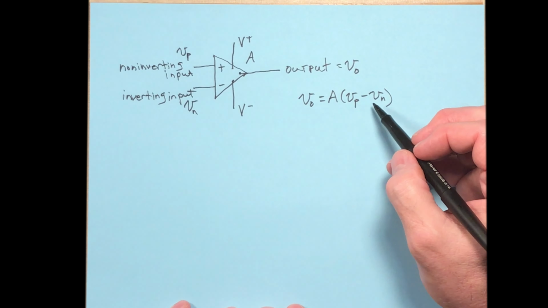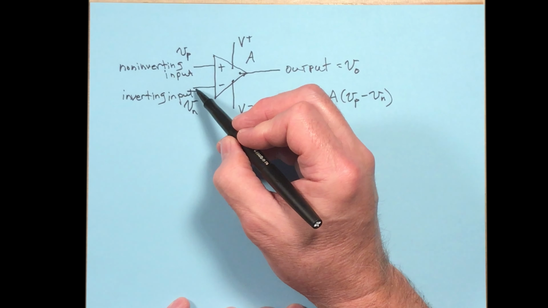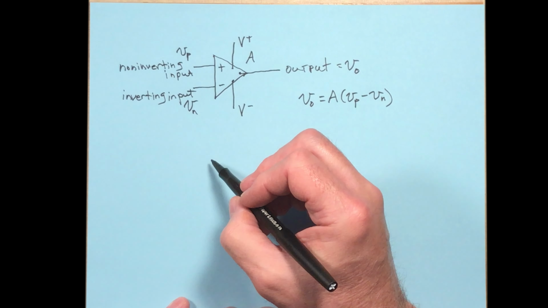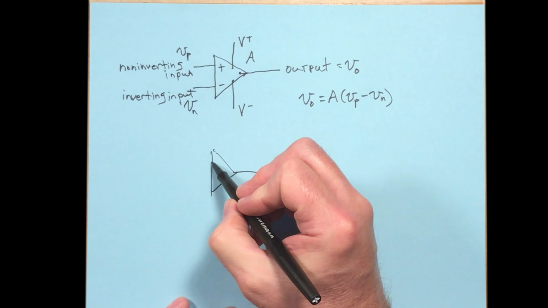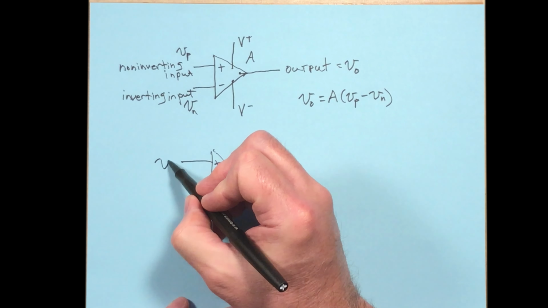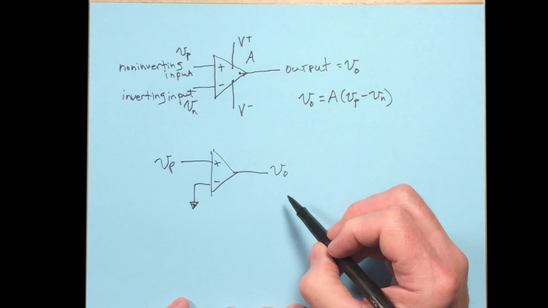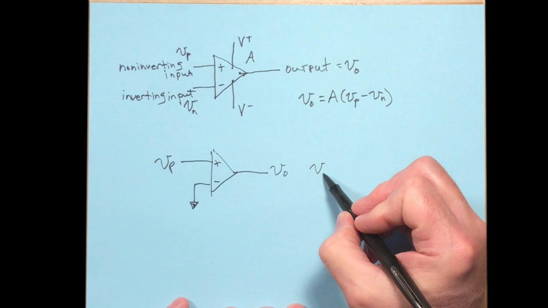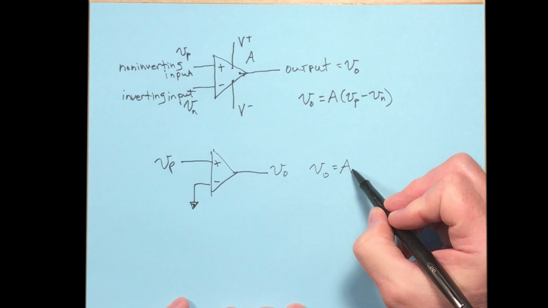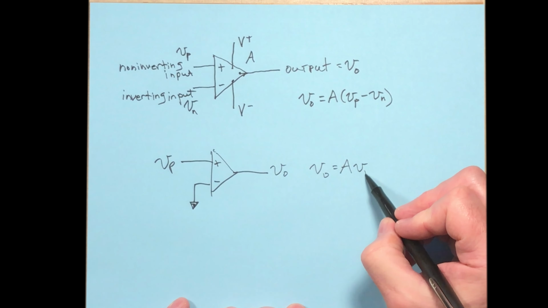Now, let's say you take the inverting input here and you run it straight to ground. And then you have some Vp in there. Then V output is equal to A times (Vp minus Vn), but Vn is going to be 0, so it's just A times Vp.